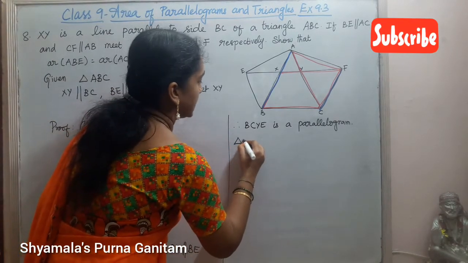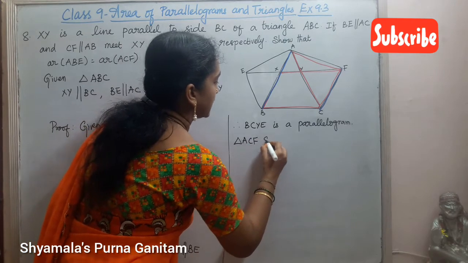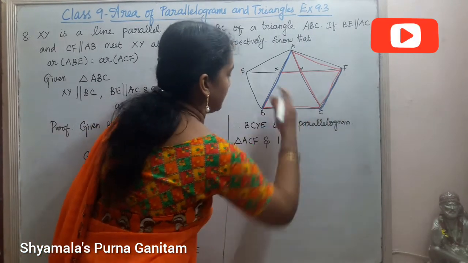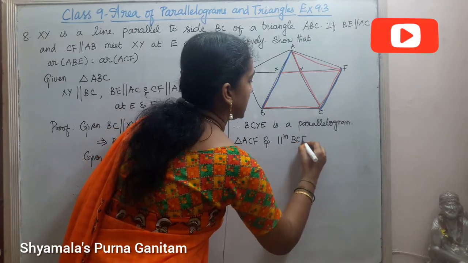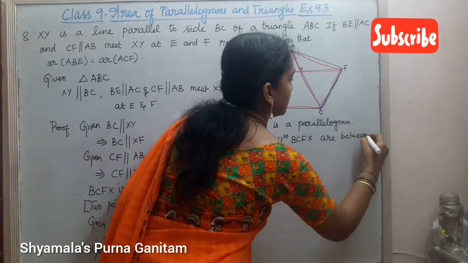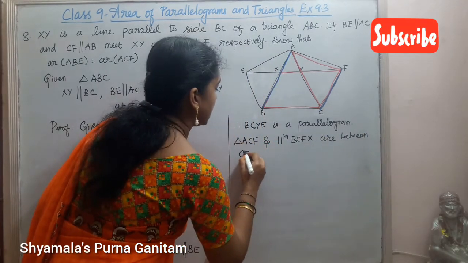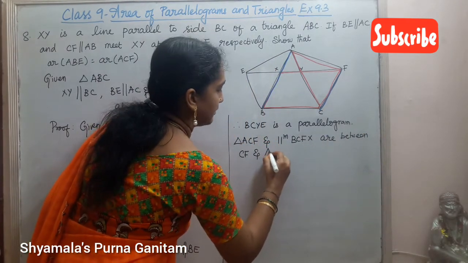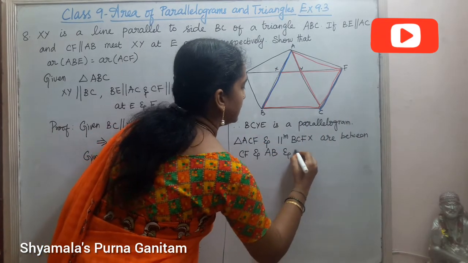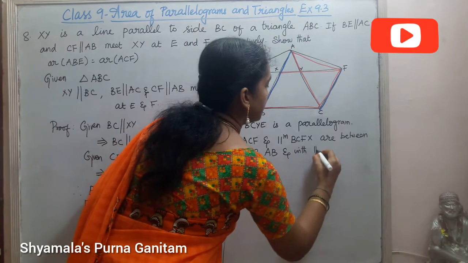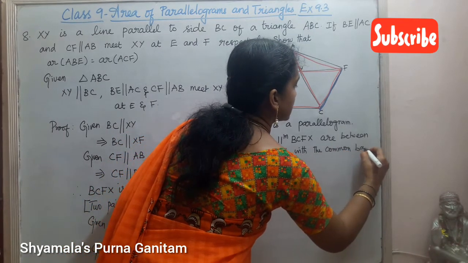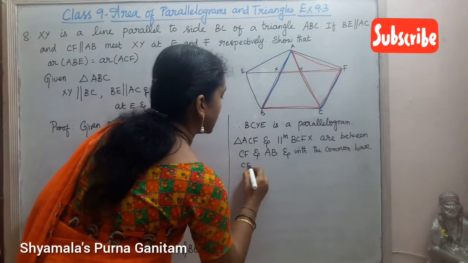So triangle ACF and parallelogram BCFX are between CF and AB, and with the common base CF.